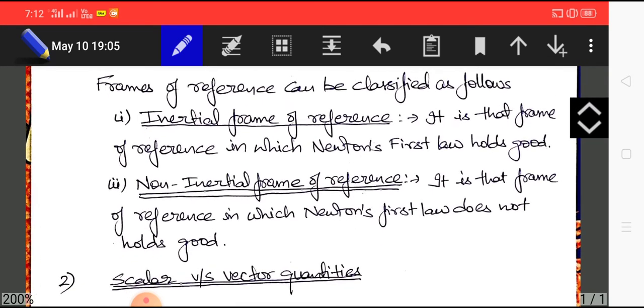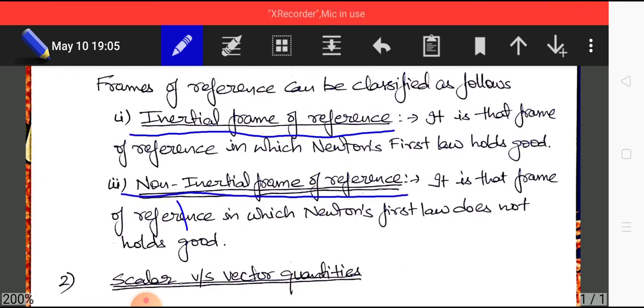Frame of reference can be classified in two parts. First, inertial frame of reference, and second, non-inertial frame of reference. What is inertial frame of reference? It is that frame of reference in which Newton's first law holds good. Or in other words, inertial frame of reference is that frame in which the acceleration of the frame itself is zero.